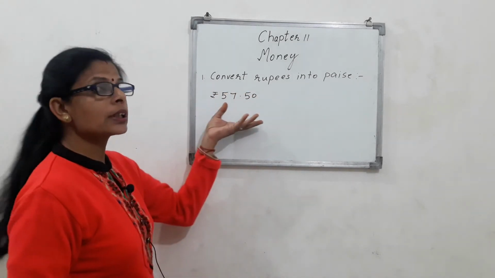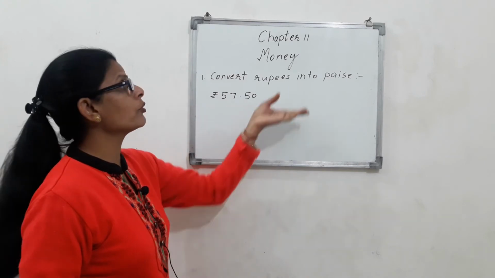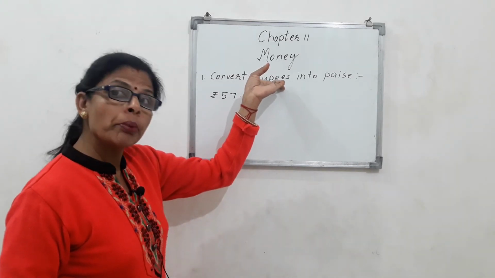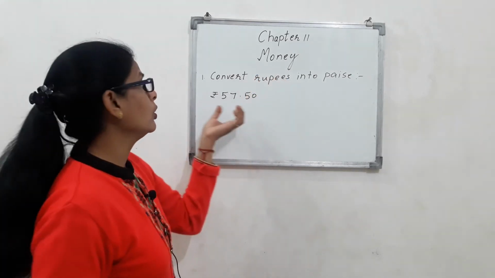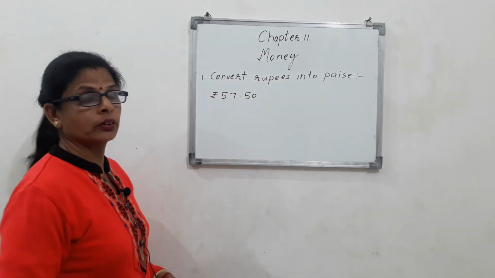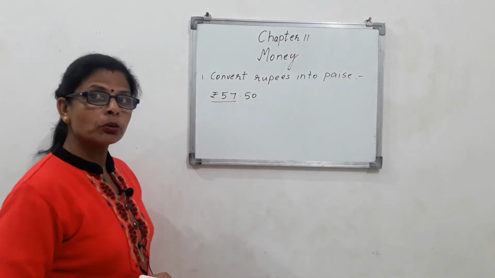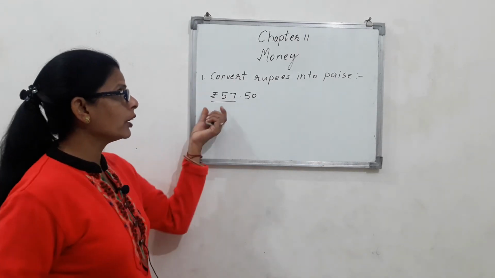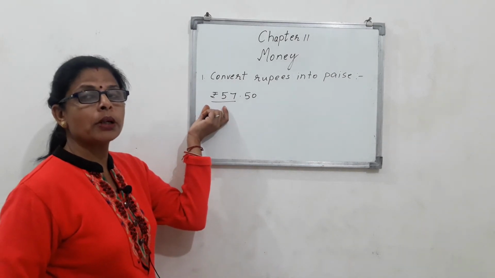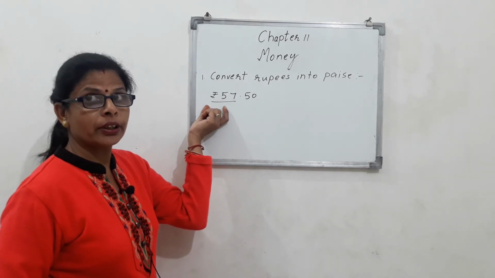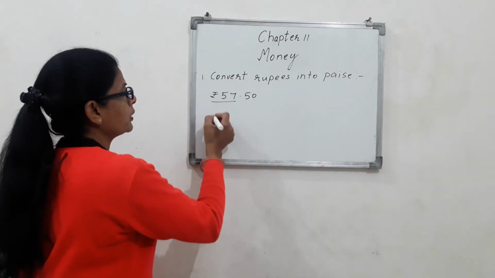In this, rupees and paisa both are given and you have to convert them into paisa. So what you will do? What is the rupees given here? 57 is the rupees. So we have learned when we have to convert the rupees into paisa, we multiply by 100.